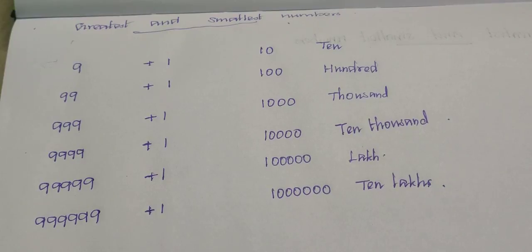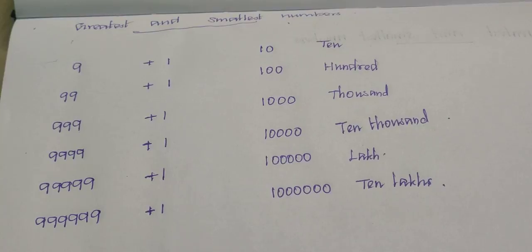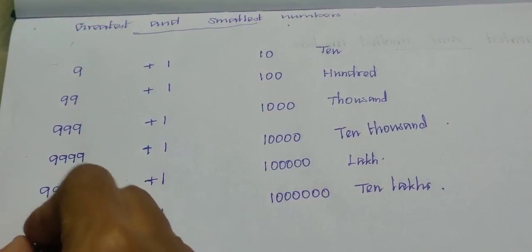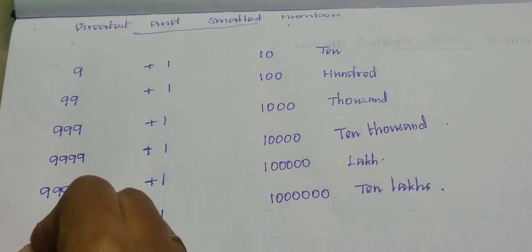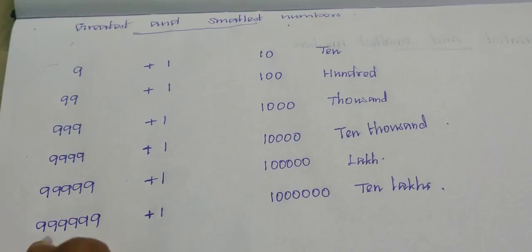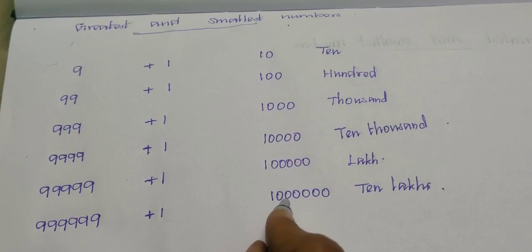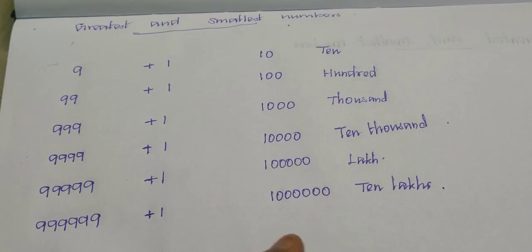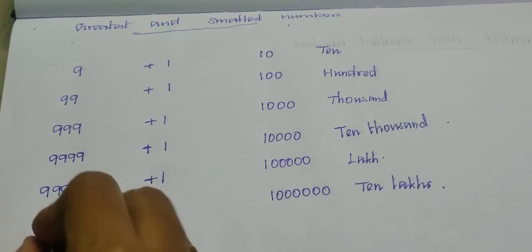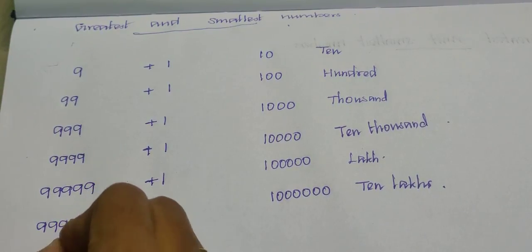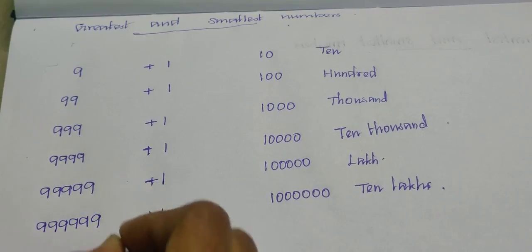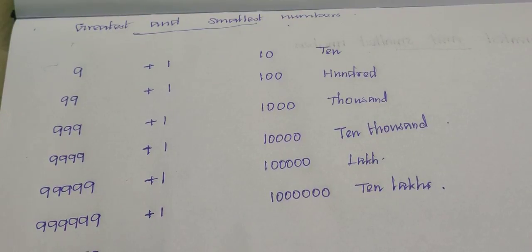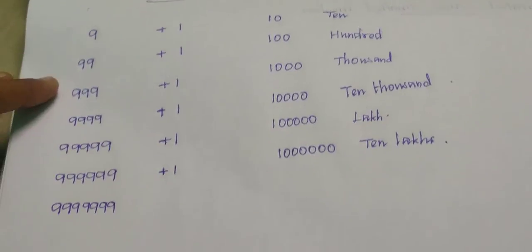Which is the greatest 7-digit number? We need to put 7 times 9. How will you read this number?